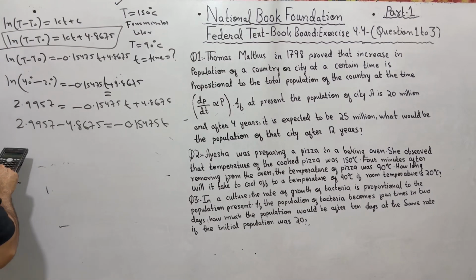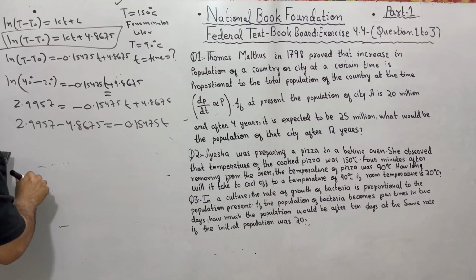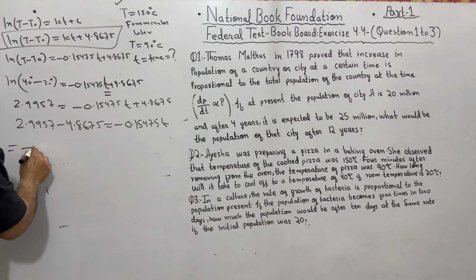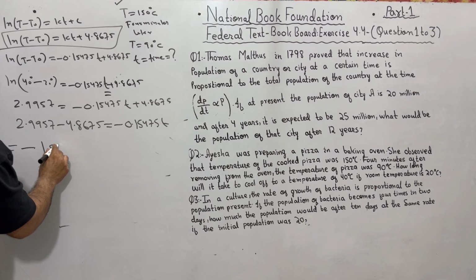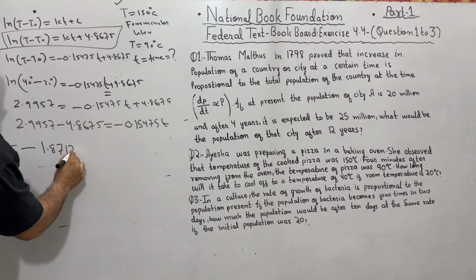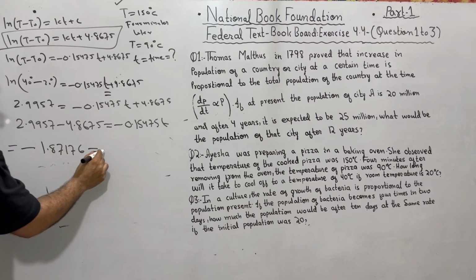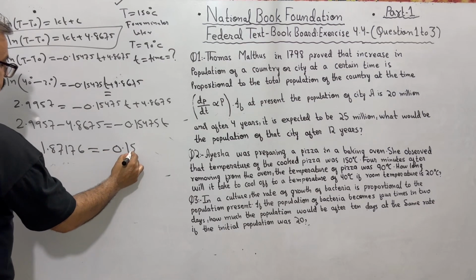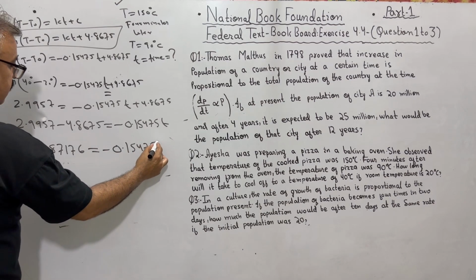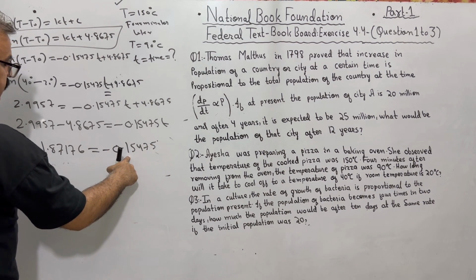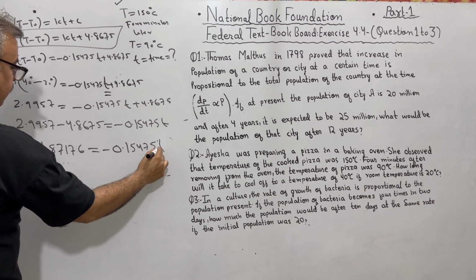Let's see: 2.9957 minus 4.8675 is equal to negative 1.87176. I have taken just 3 to 4 digits. That equals negative 0.15475 t.